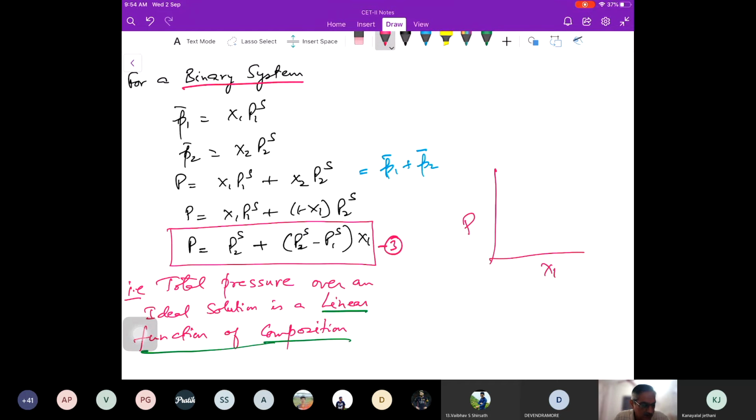Yes, sir. So if I want to plot equation 3, with y-axis as total pressure and x-axis as x1, what kind of curve will I get? A straight line. कैसे रहेगा straight line? Origin से जाएगा? नहीं.